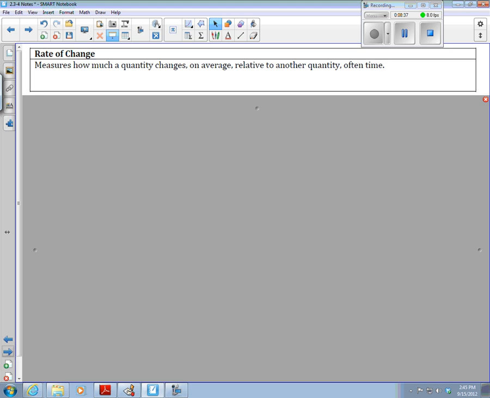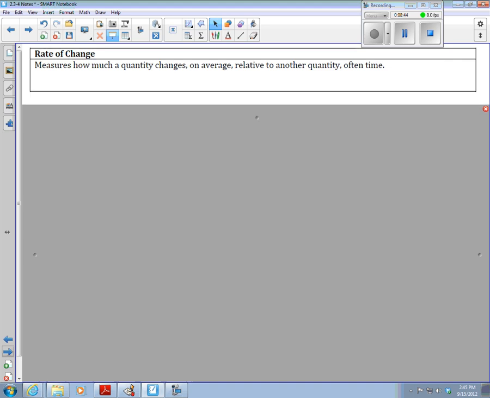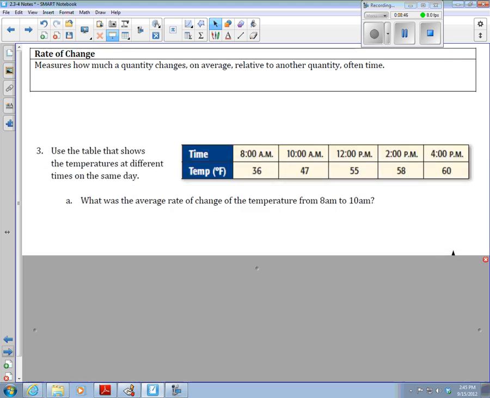Rate of change measures how much a quantity changes on average relative to another quantity, often time. So first problem here, use the table that shows the temperature at different times of the day. You can see here time and temp. Now, when you're going to work this, it's kind of like slope.